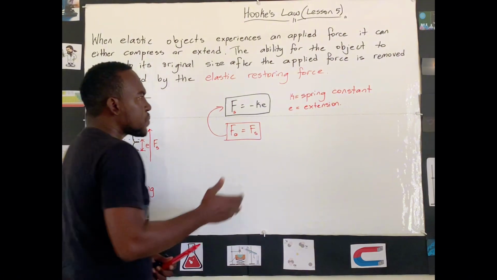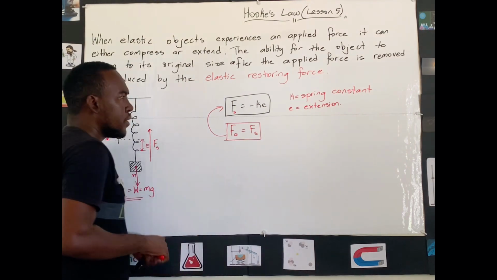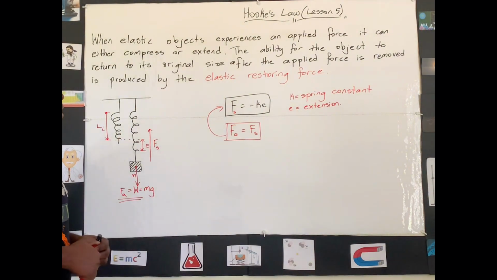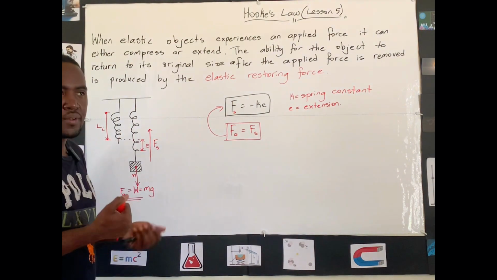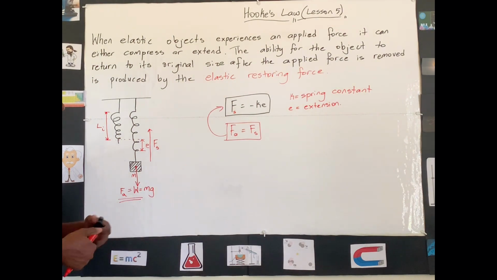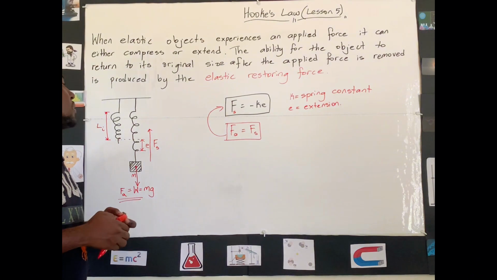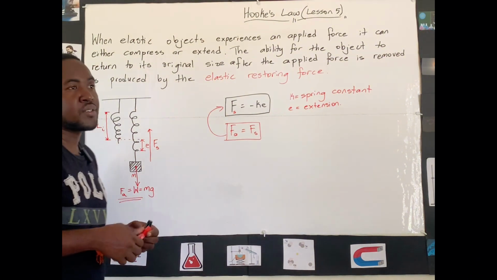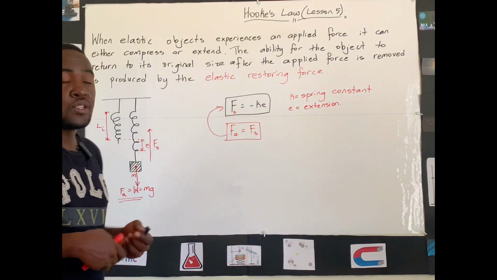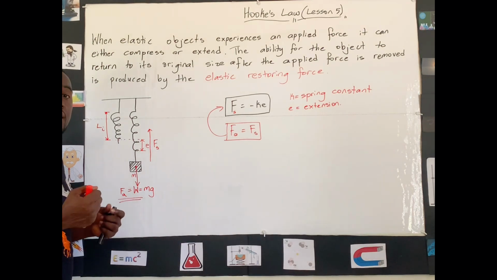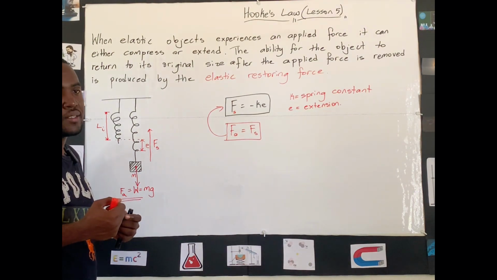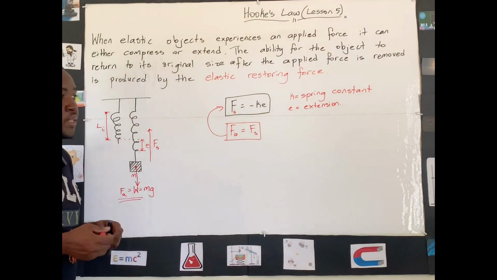Now, what does the spring constant tell us? The spring constant tells us how stiff the object is in terms of expansion or compression. Or, in technical terms, it tells us how much force we need to actually extend the object a specific length or to compress it a specific length.